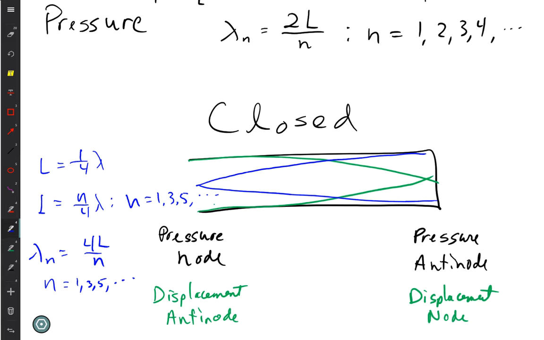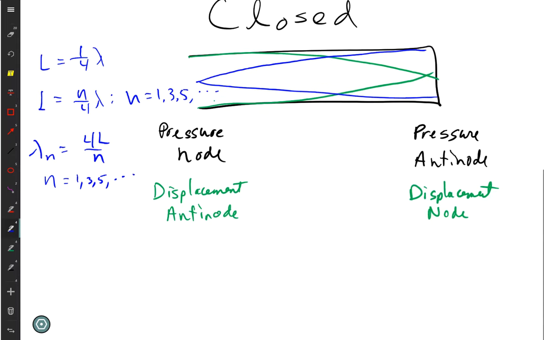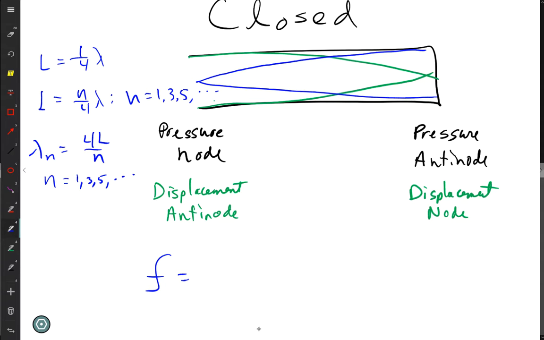Now, how did we go from wavelength to frequency in class yesterday? Frequency equaled a simple relationship between wavelength and speed. What's that? It's the speed divided by the wavelength.